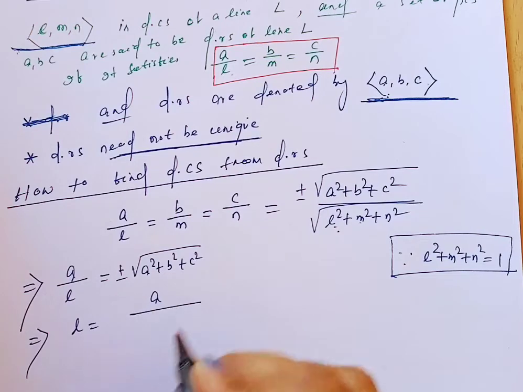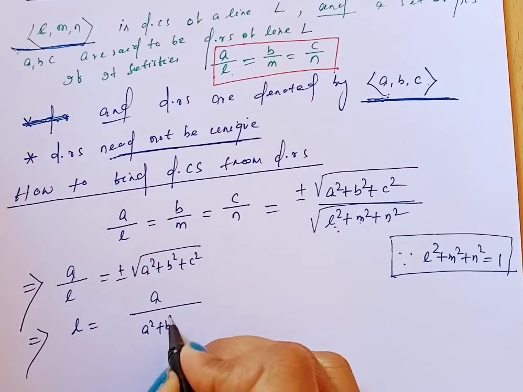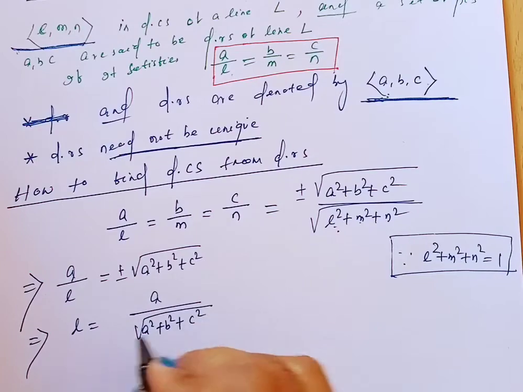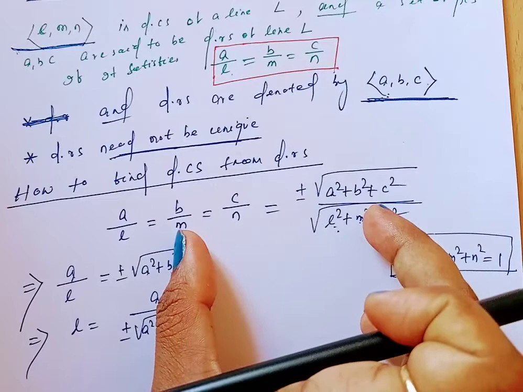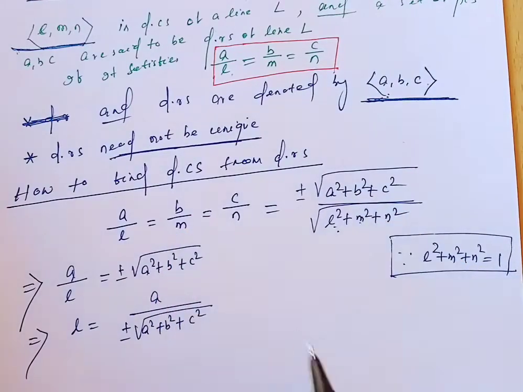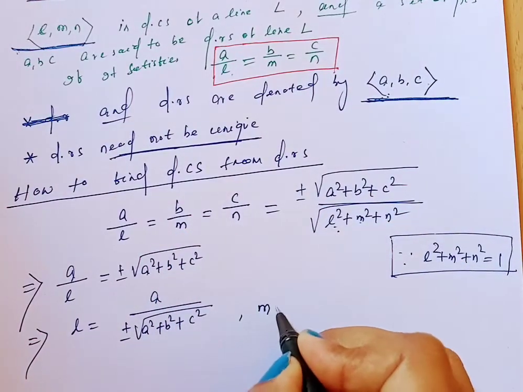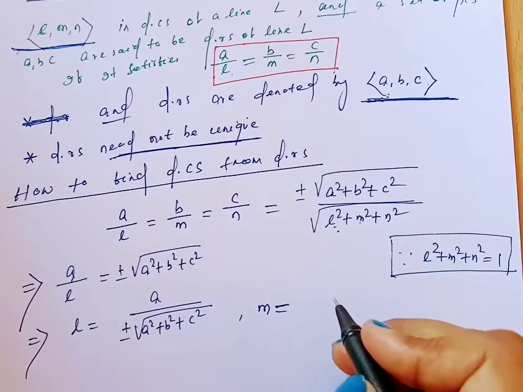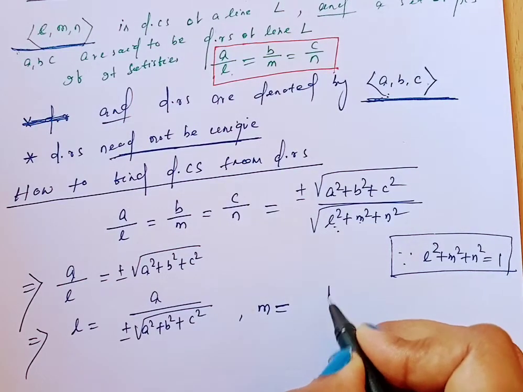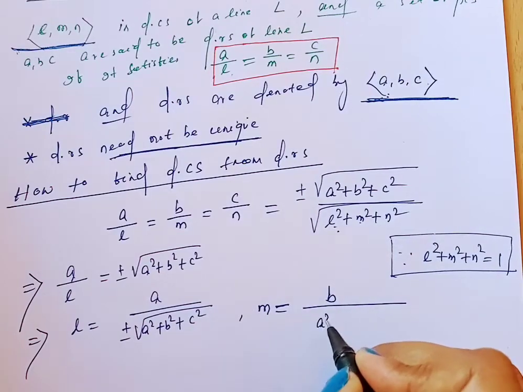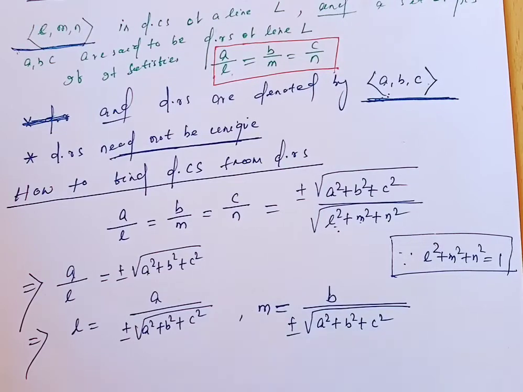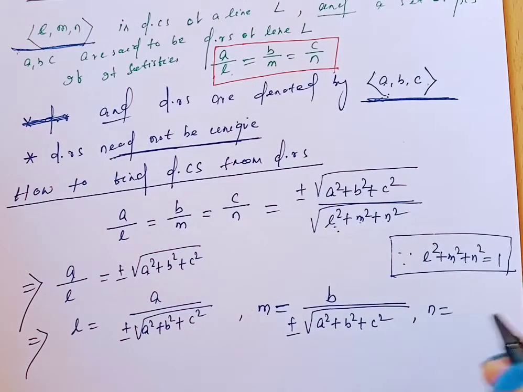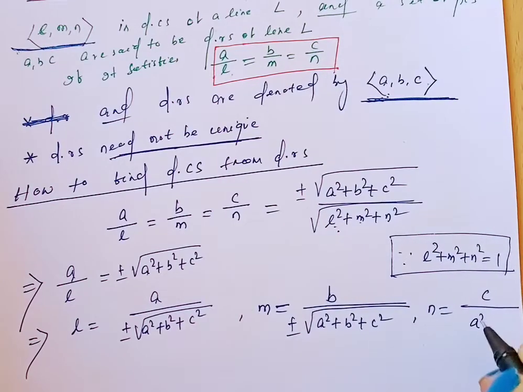My l is a divided by the square root of a square plus b square plus c square. And comparing these proportions, my m becomes b divided by the square root of a square plus b square plus c square, and in a similar way my n is c divided by the square root of a square plus b square plus c square.